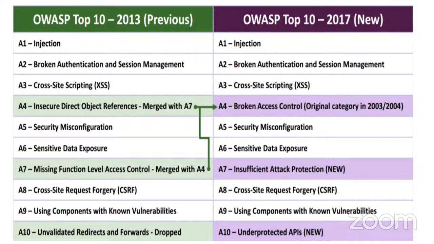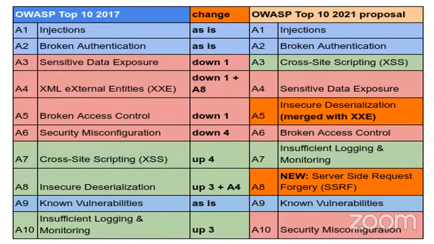And 2021 has a different set of proposals. A1, as usual, since each and every web application is vulnerable to injections. A2 is broken authentication, and A3 is cross-site scripting. And in 2021, we have A4 as sensitive data exposure, which covers sensitive data like credentials and credit cards.